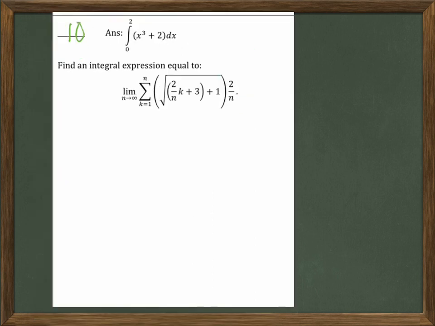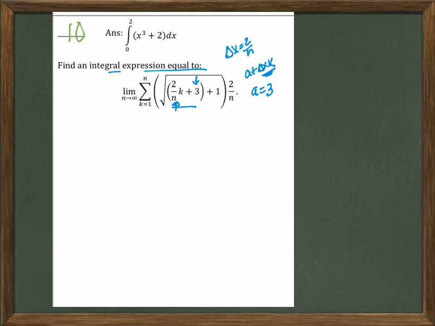Number 10, find an integral expression again for this function. So again, delta x is 2 over n, and this time we do have an a, it looks like right there, right? Because we're looking for this term and then it has something added. So remember, it's a plus delta xk. So the a has to be 3. So a equals 3.